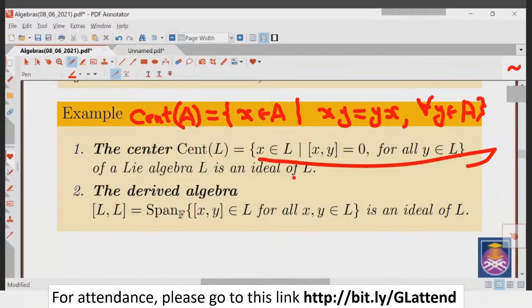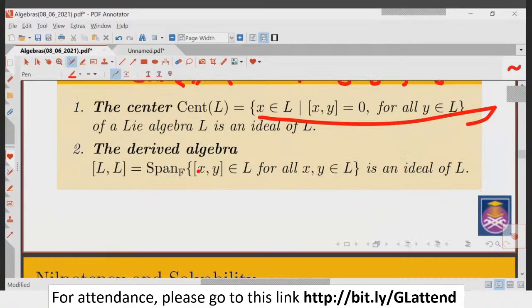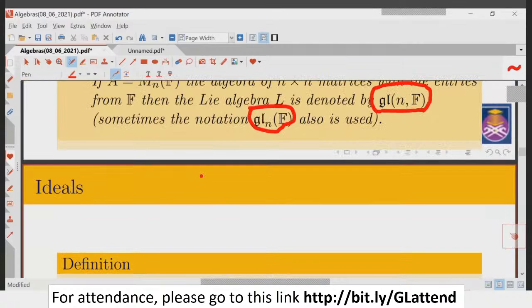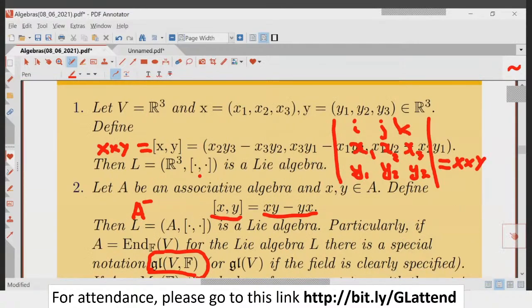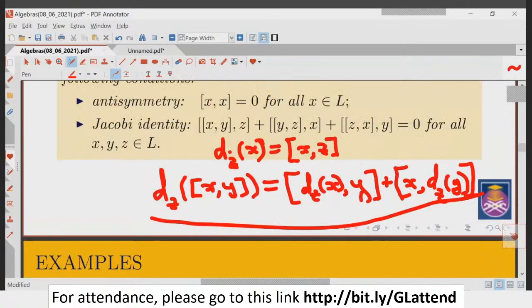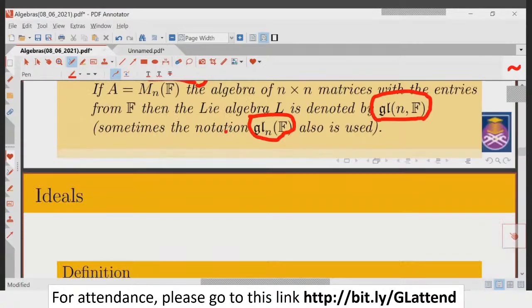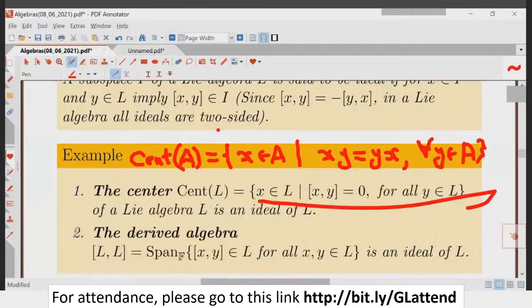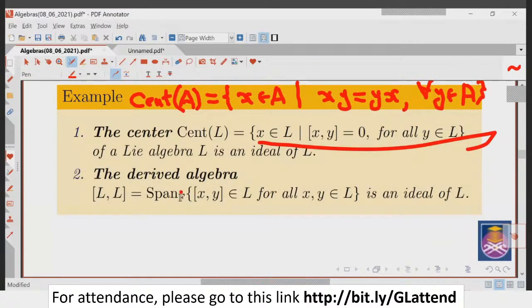The center is an ideal. Why is this an ideal? Because this comes from the Jacobi identity. You can obtain it by multiplying. If x is from here, multiplying from the left and right side, you will get an element of this form.